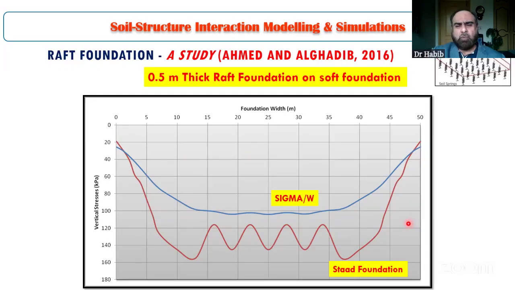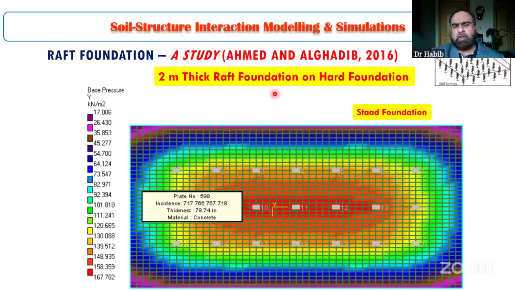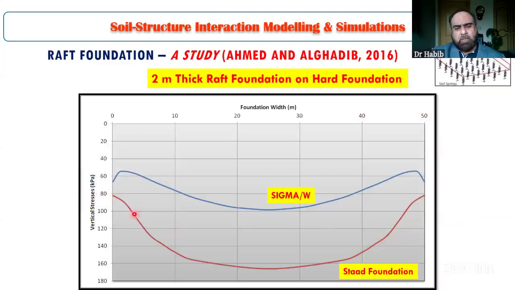Now, if we look at the other side of the spectrum, that is a 2 meter thick raft foundation on hard foundation, we can see that STAAD Foundation has shown a uniformly distributed pressure, because of the rigidity of the foundation and the rigidity of the soil.